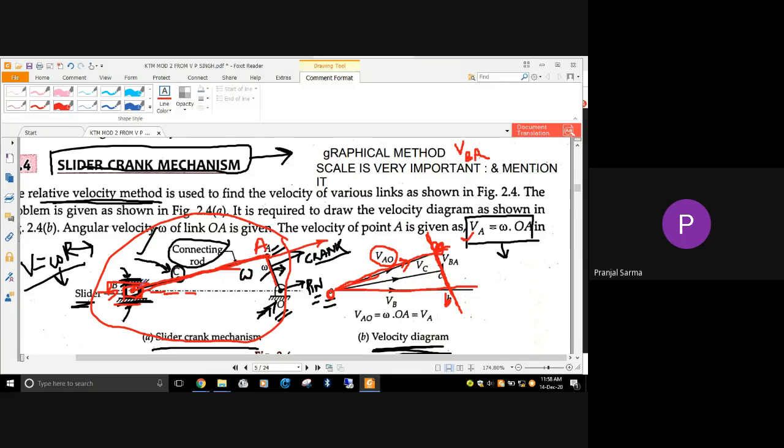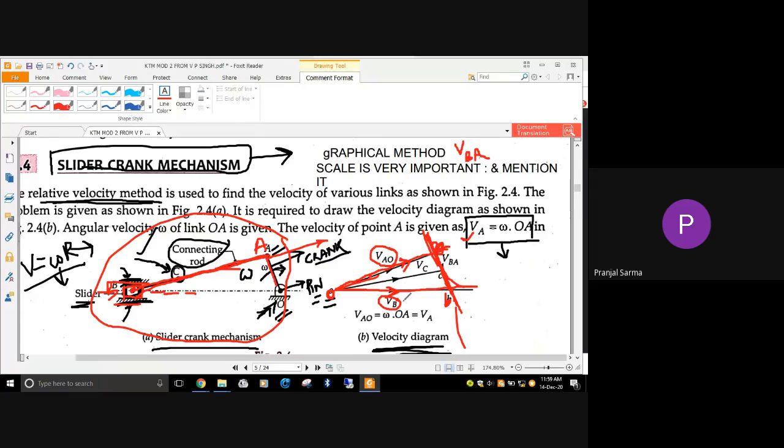I only knew that the velocity of B will lie somewhere along this line only, because that is perpendicular to link AB. Also, I know the velocity of B, that is the slider, has velocity in the line of stroke direction only. So starting from o, I am drawing this particular p for PB, the absolute velocity of B with respect to O, because O is a fixed point.